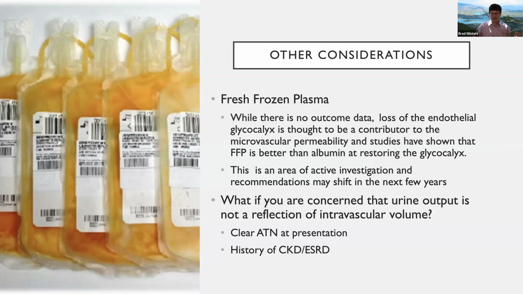There are some studies that show that giving fresh frozen plasma is superior to albumin in getting that glycocalyx, that normal layer of proteins and carbohydrates, to reform on the endothelial cells and help improve endothelial function and reduce that fluid leakage. Nobody's done it in humans to prove that it improves their outcome, reduces mortality, but at least based on the scientific data, it may be superior. Again, it's an area of active investigation.